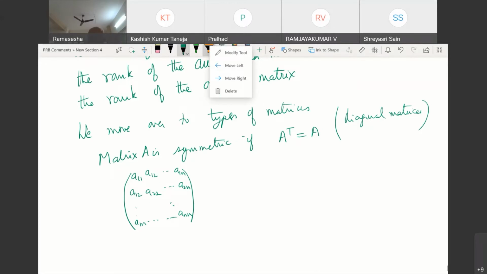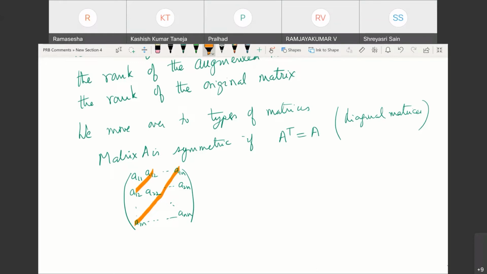So this and these are the same, this and these are the same, along this principal diagonal. So that's symmetric.